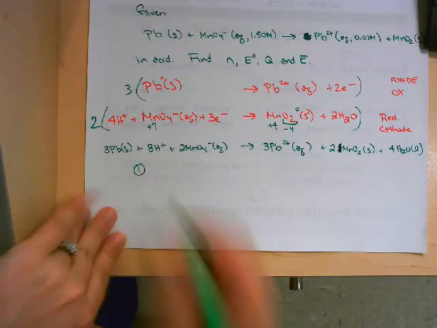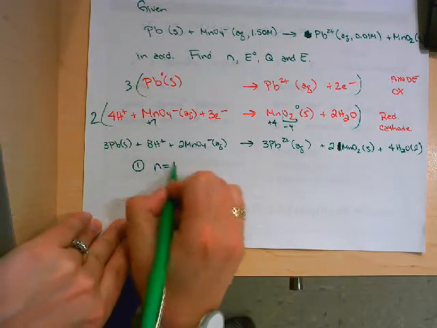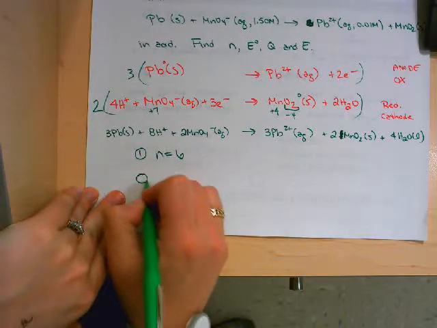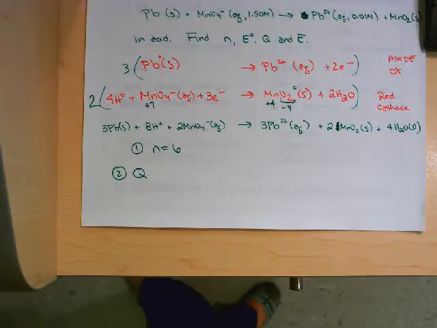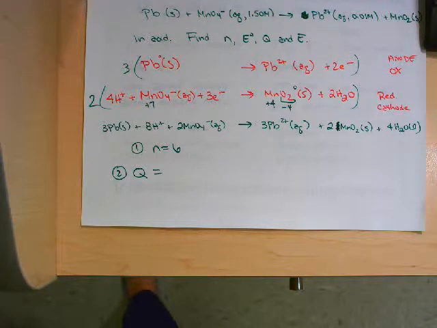So we're now ready to actually start solving. How many electrons were transferred? 10 equals 6. Alright, Q is products over reactants. What products do I need to put in here?